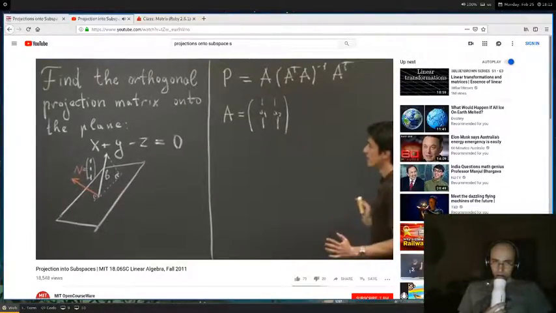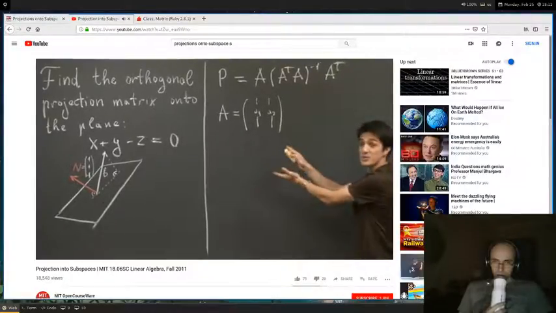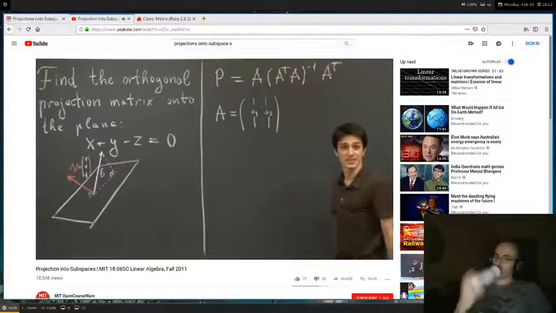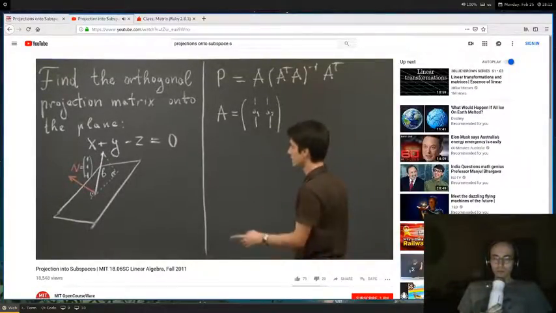So essentially what we need to do is find two such vectors that span the plane, and start computing with the matrix. Yeah, this is fairly straightforward.